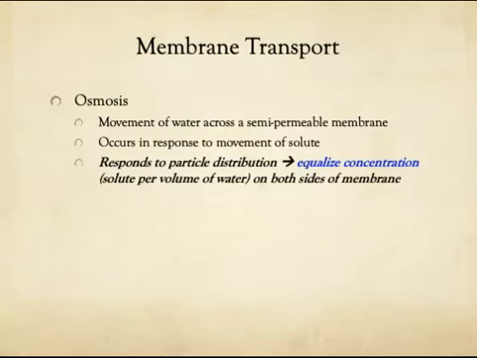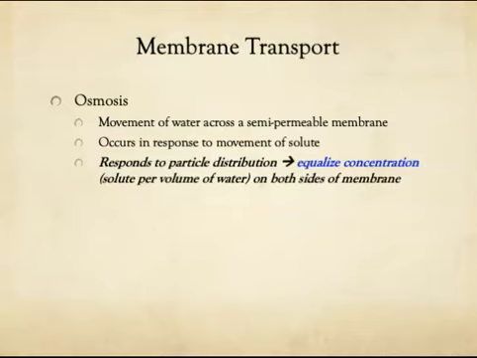Now, there is a very special case of simple diffusion that involves water. And that special form of membrane transport gets a name. We call it osmosis. So osmosis describes the movement of water across a semi-permeable membrane.